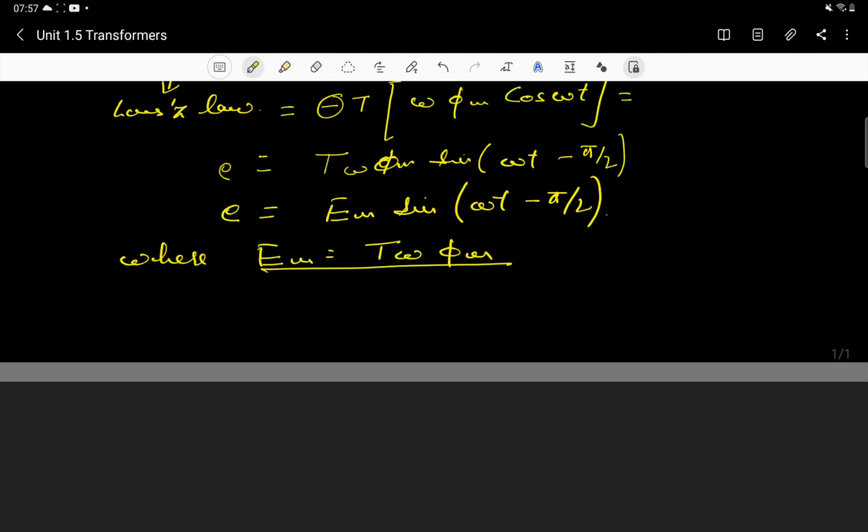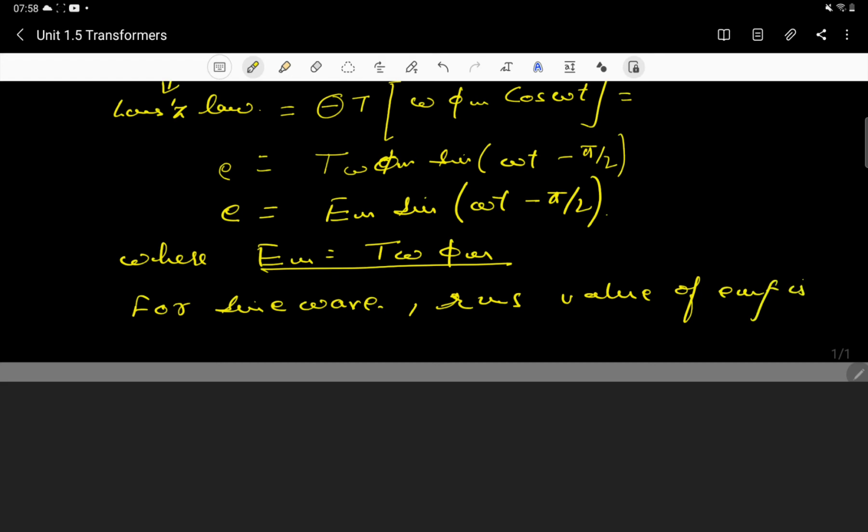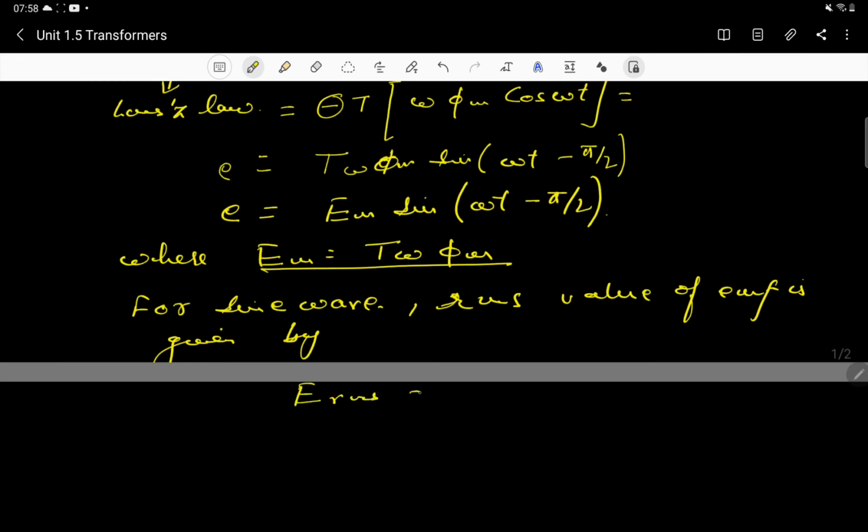Now let's revise some previous things. You must remember all those things. For a sinusoidal wave, for a sine wave, the RMS (root mean square) value of EMF is given by E RMS, which is equal to Em, the maximum value, divided by root 2.